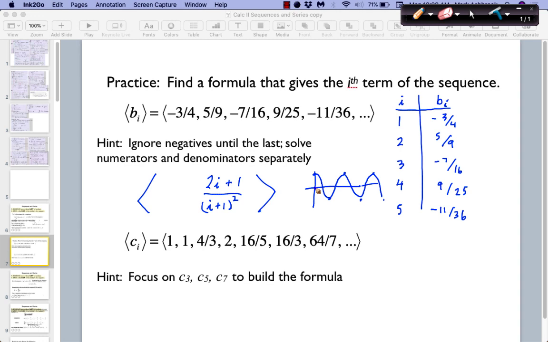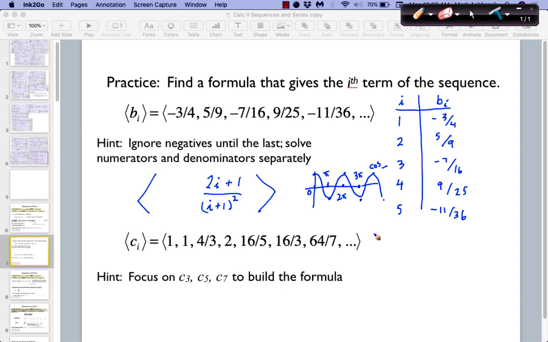Okay, so this is at 0. Where does it give -1? Pi. Remember your trig functions. Back to 1 at 2 pi. So how can I use cosine then? So this is the cosine. Cosine of what?